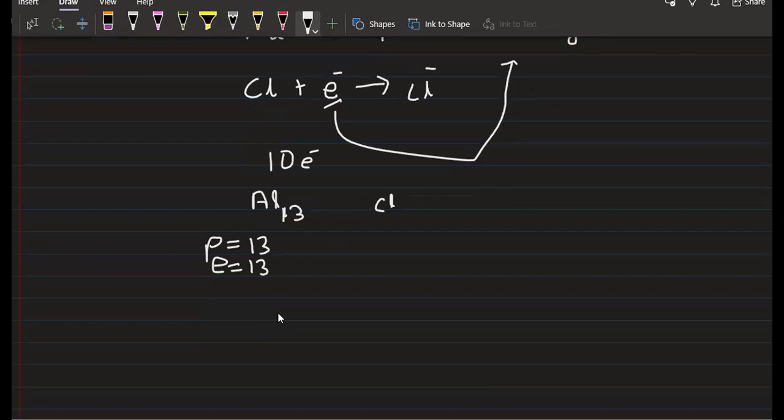So you can write like this, Al13, this is 13, not B. Mind my handwriting. It will become Al10 plus 3 electrons. Arav, are you getting this now?